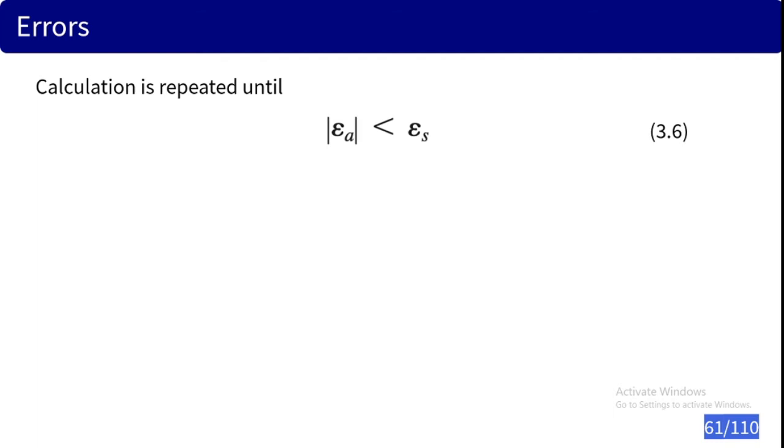So in the iterative approach, the relative approximate error is converted to an absolute value, then we repeat our computation until it falls below the tolerance we set. The tolerance is the percent tolerance or specified error that we set as the criterion to terminate our computation.